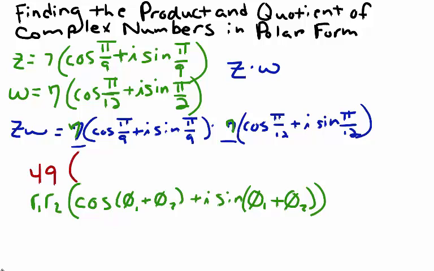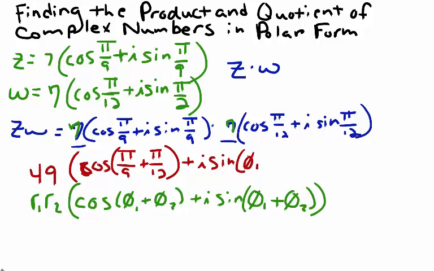So for our problem, we'll have cosine pi over 9 plus pi over 12, which we'll assign as theta 1 and theta 2 respectively, plus i sine theta 1 plus theta 2.